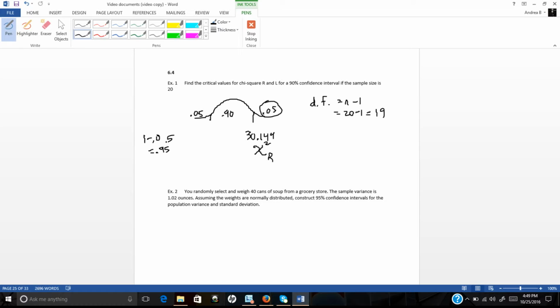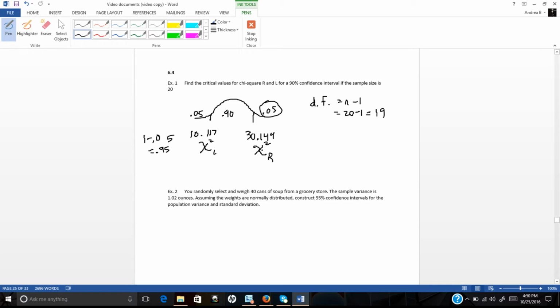And if we do that in this case, we get 10.117. So just like whenever we're dealing with confidence intervals, number lines, all that, the smaller number goes on the left side, and that's why that's called the chi-squared L for the left side. And then chi-squared R is on the right side, the bigger number.